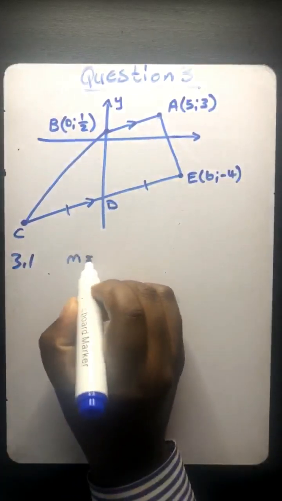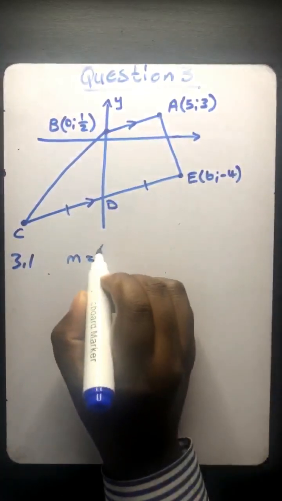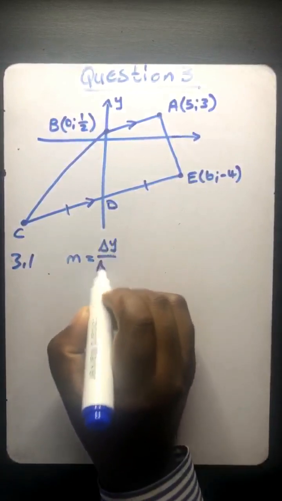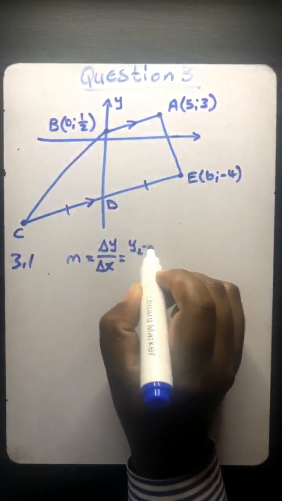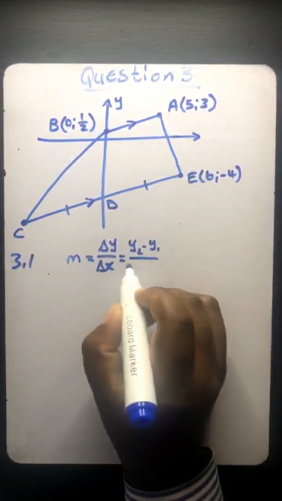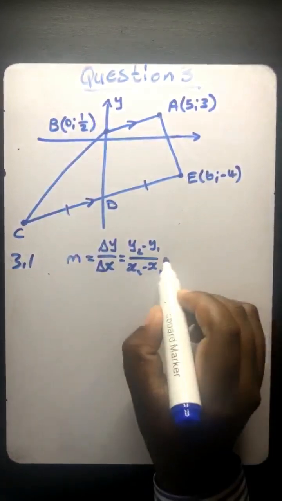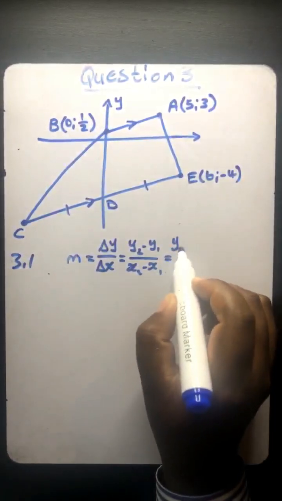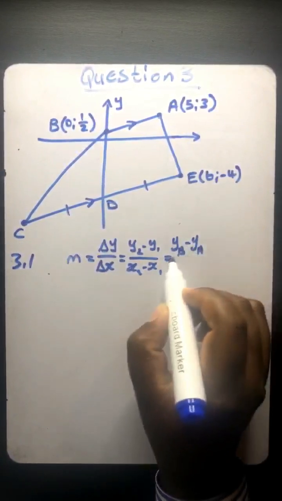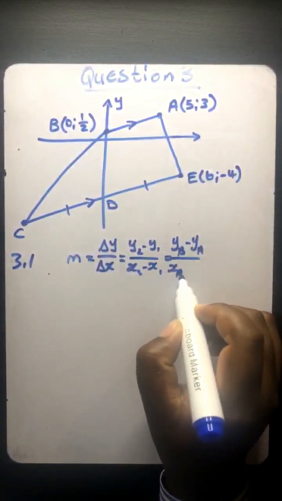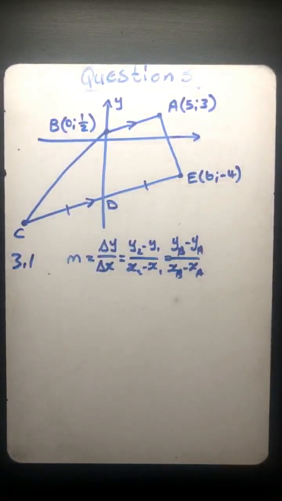We know it is m, which equals delta y over delta x, which means it is y2 minus y1 over x2 minus x1. If you like, you can say y of B minus y of A over x of B minus x of A. It doesn't really matter that much.